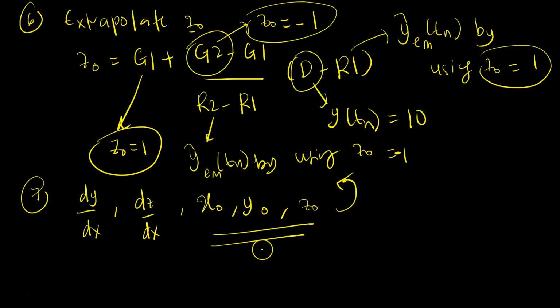Once we solve this, again you need to compare: is the y using Euler method at this step equal to the endpoint of the boundary value given in the question, or is it equal to 10 in this example? It should be equal to 10. If not equal to 10, there is a problem in your calculation. So class, this is basically the idea of how we can solve using the shooting method.